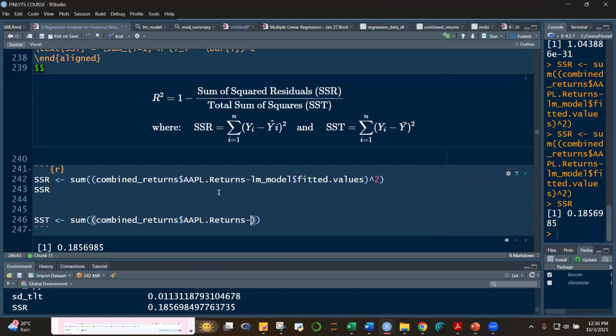I'll just copy that, Control V, and then it's just the mean. And then you square that first. So mean of this.